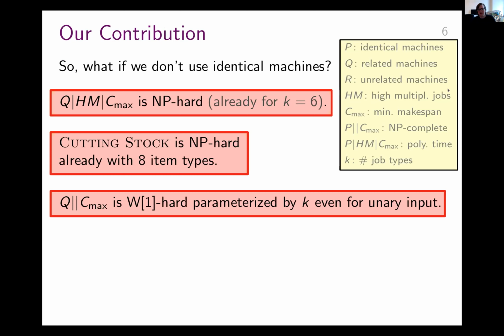And then we ask about the parameterized complexity. Obviously the reduction we use in the first case, for Q HMC max, the NP hardness reduction, requires long numbers, both in terms of the job length and in terms of the job multiplicities.